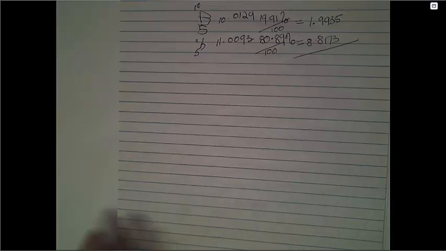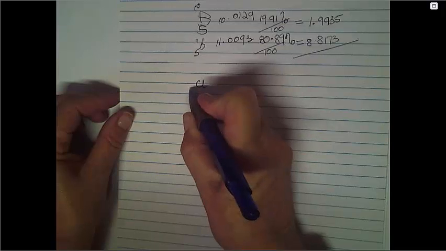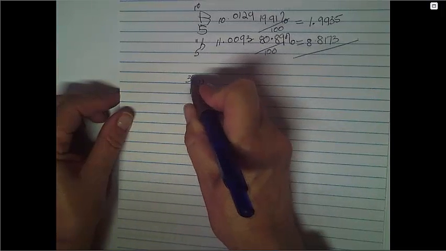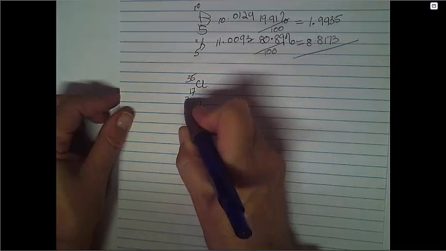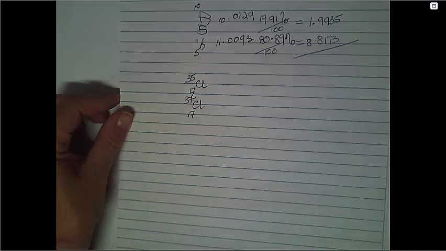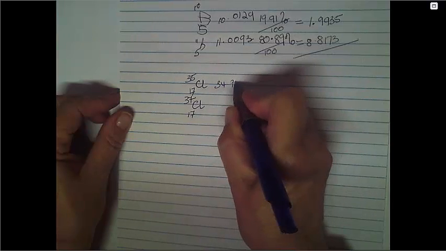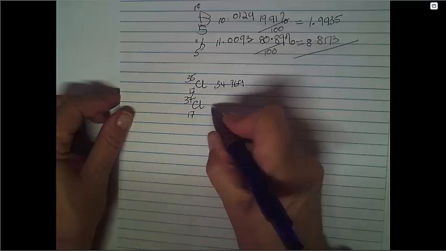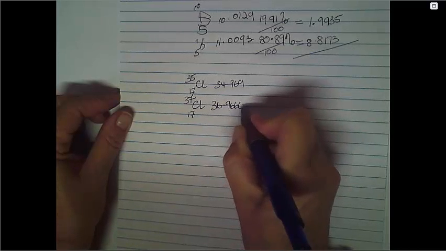Let's look at chlorine. Chlorine has an atomic number of 17. One isotope is chlorine 35 and the other isotope is chlorine 37. The actual mass of chlorine 35 is 34.969 and the actual mass of chlorine 37 is 36.9666.